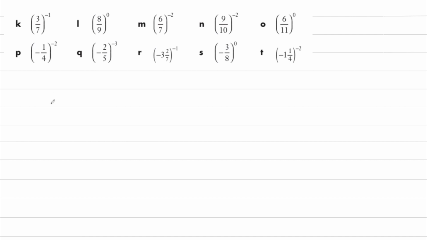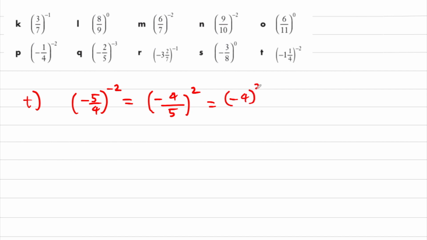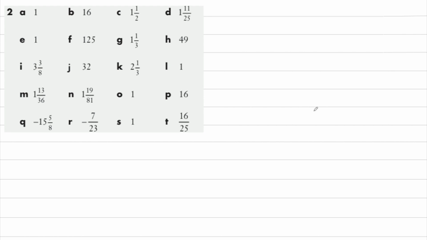Question T, I will move it. This is equal to minus 5 over 4, and here is minus 2. So I will take the reciprocal. Minus 4 over 5, square here. Minus 4 will be square, and 5 will go square in this position. 16 over 25. Yeah, that is question T.